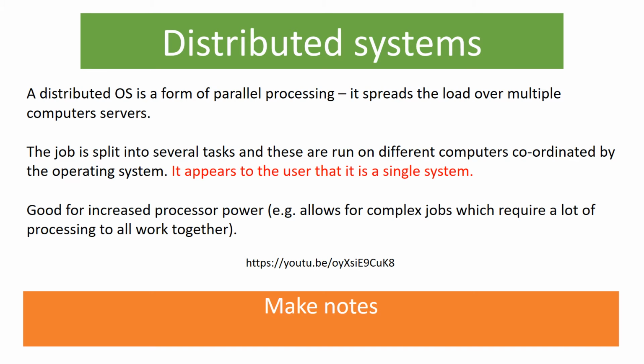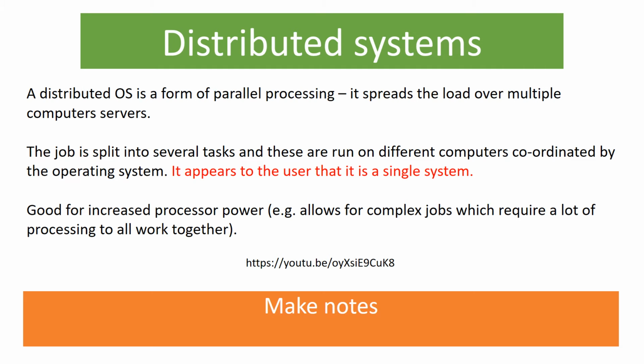There are distributed operating systems, and this is a form of parallel processing, and it spreads the load over multiple computer servers. So the job is split into several different tasks, each run on different computers, coordinated by the operating system. And to the user, though, it appears that the computer is running a single system. This is great for loads of power.